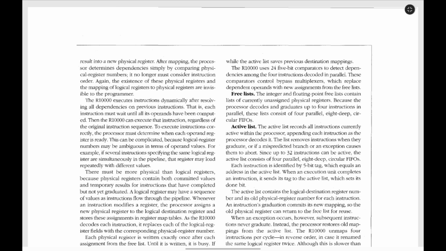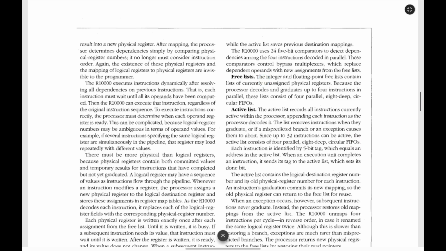The R10000 uses 24 5-bit comparators to detect the dependence among the 4 instructions decoded in parallel. These comparators control bypass multiplexers, which replace the operand and a new assignment from the free list.